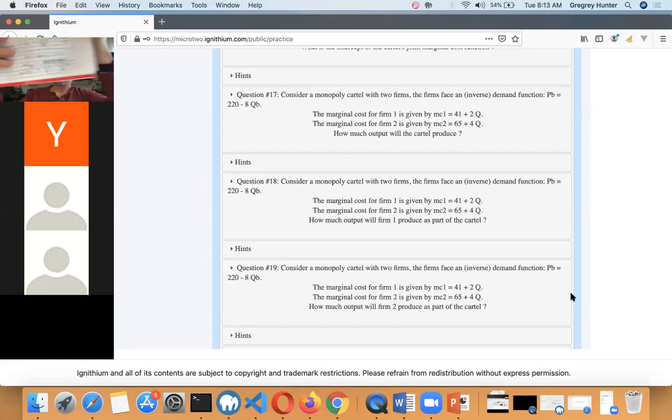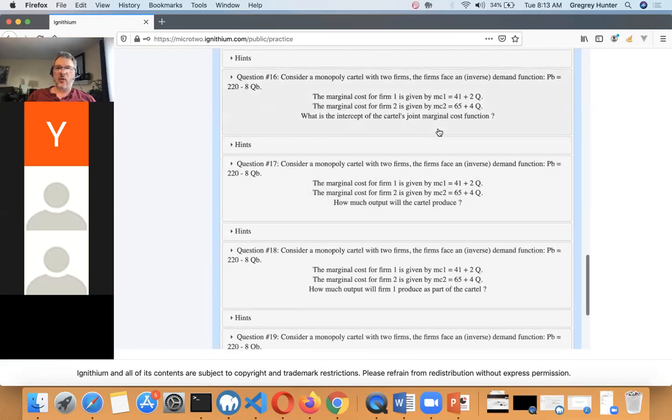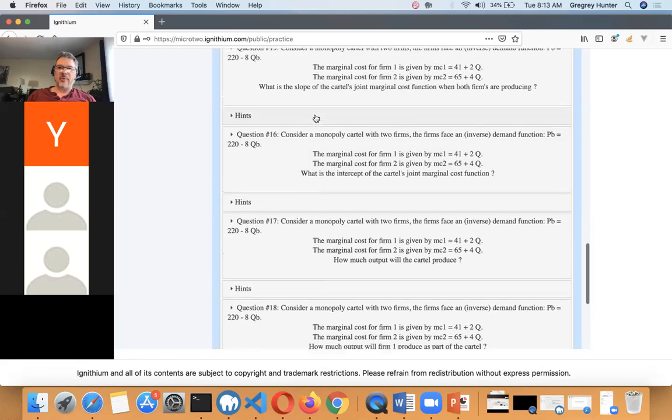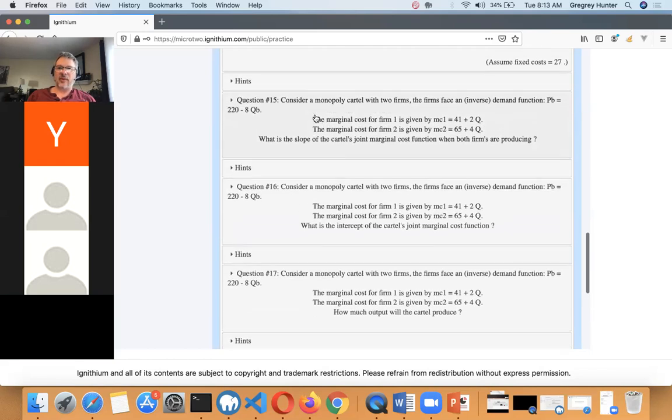Okay. And then we should be able to look at questions. Now remember, we've got to be a little bit careful here. So what's the slope of the joint marginal cost function?